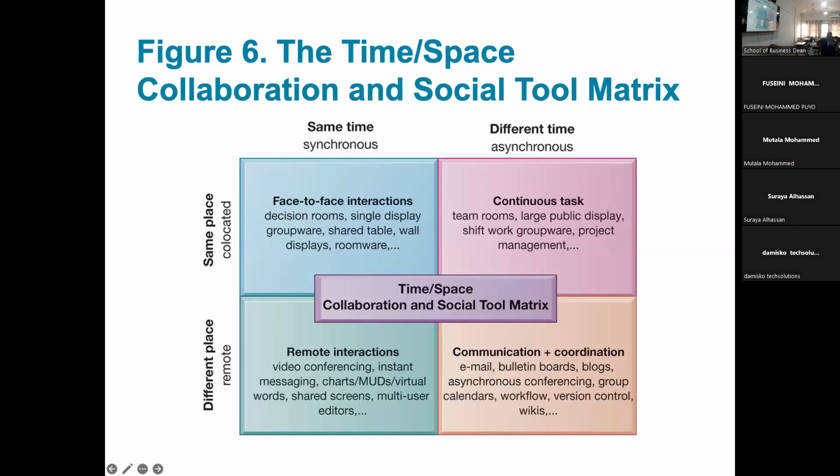With this matrix, when we have collaboration at the same time, we call it synchronous collaboration. If it is a different time, it's asynchronous. So if you record the lecture and you go home and watch it, it's asynchronous.